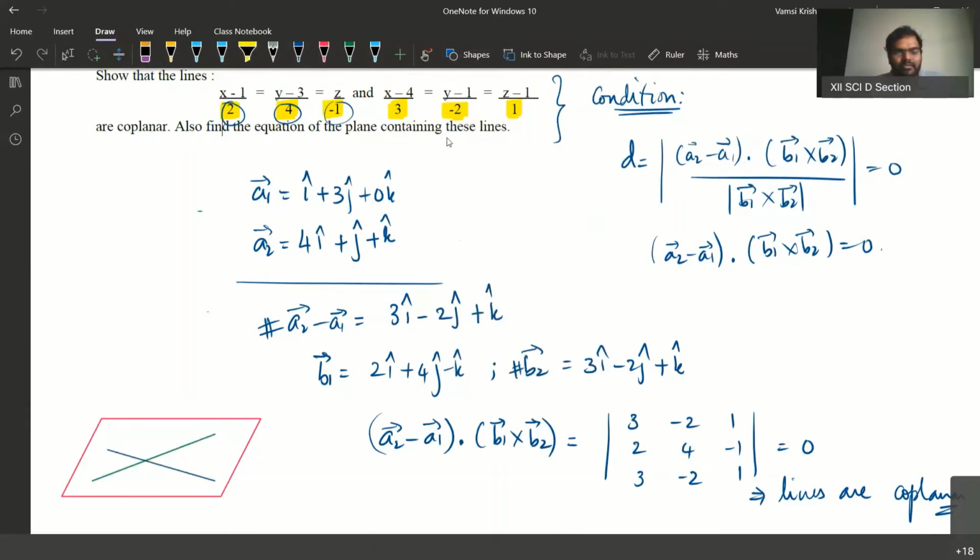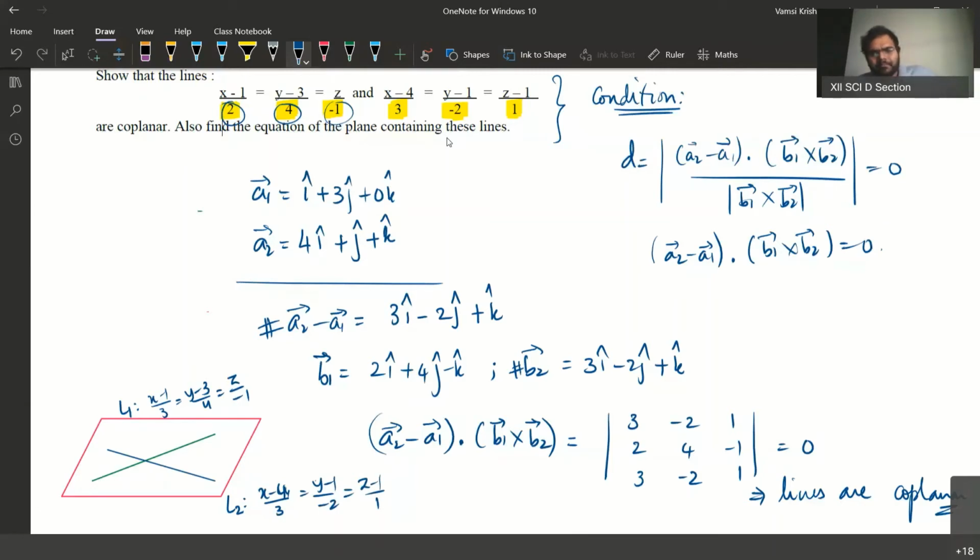The first line is (x minus 1) by 3, (y minus 3) by 4, z by minus 1. Let me call this L1. L2 is (x minus 4) by 3, (y minus 1) by minus 2, (z minus 1) by 1. Two lines are given, and you are asked to find the equation of the plane.